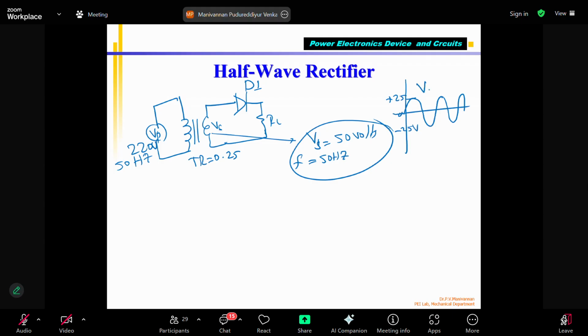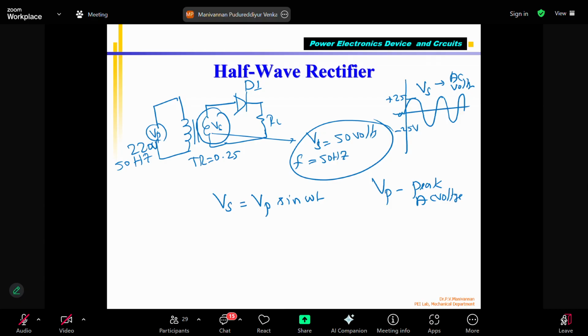This is the VS. This is an AC voltage. Please note that this is AC voltage coming from the secondary of the transformer. So the VS can be written as V peak times sine omega t. This is the correct representation of AC voltage, where VP is called the peak AC voltage.